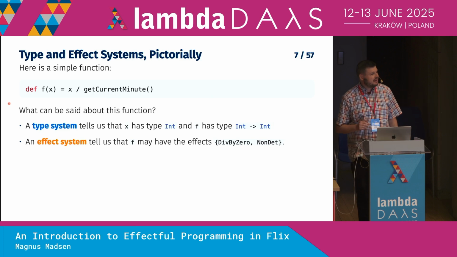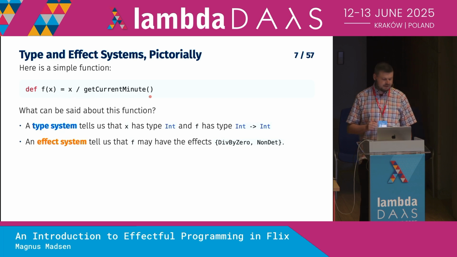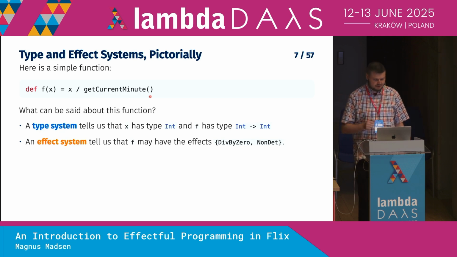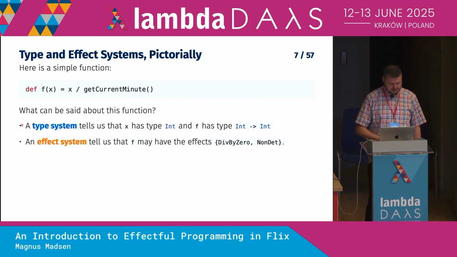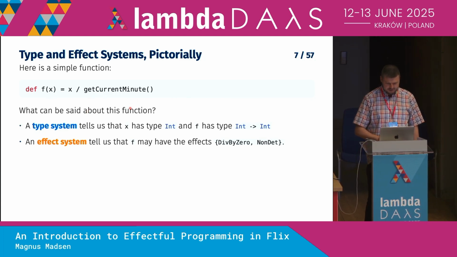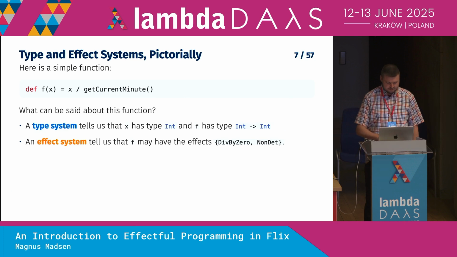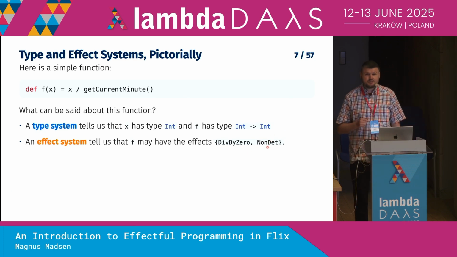So just in one slide, what is an effect system? Here is a function called f, takes an argument x, and then it divides that by the current minute. That is a simple function. If we have a type system, it could tell us that x is an integer here, and f is actually something that has the type int to int. But an effect system would give us some more information. Potentially, it could tell us that this function is non-deterministic.